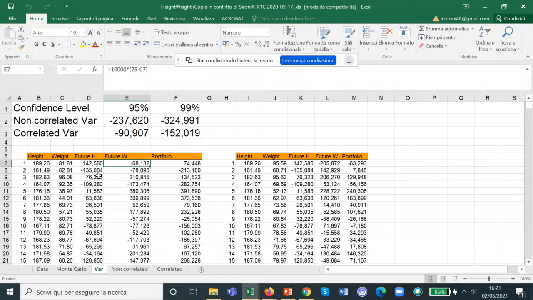And the future price here is 75 kilos. So if the simulated value on weight is higher than 75, because you short the future, you sold the future, you lose. If the simulated value of weight is lower than 75 kilos, you gain. So you're basically long on height, short on weight.